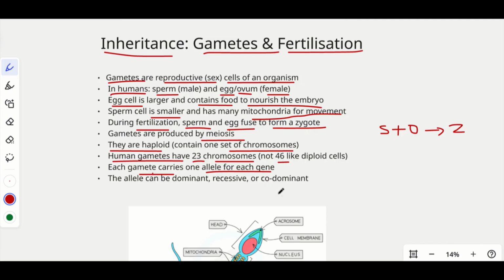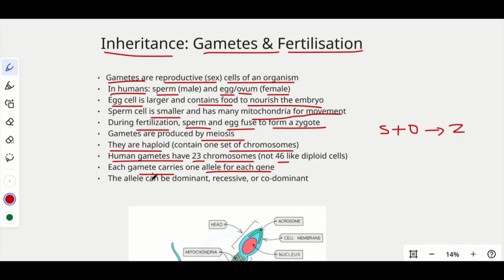So the gametes are carrying your information. These genes will show which kind of characters you will be showcasing. Maybe your father has a dark eye shade and your mother has a light eye shade. Whichever character becomes dominant in your gamete or in your gene will be your trait.